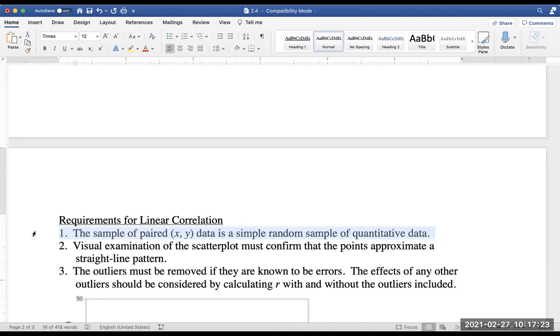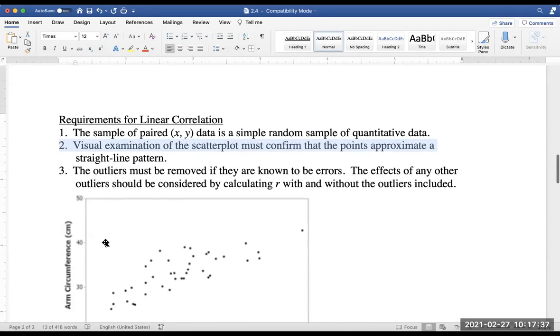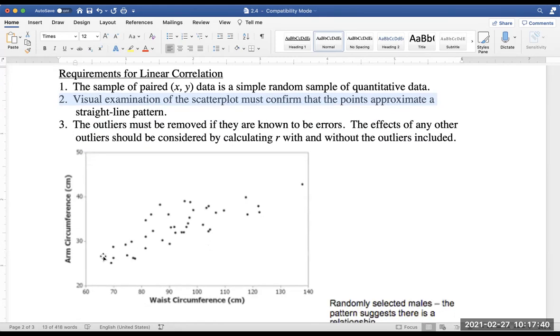Requirements for linear correlation. The sample of paired data must be a simple random sample of quantitative data. A visual examination of the scatter plot must confirm that this is indeed approximately in a straight line pattern.